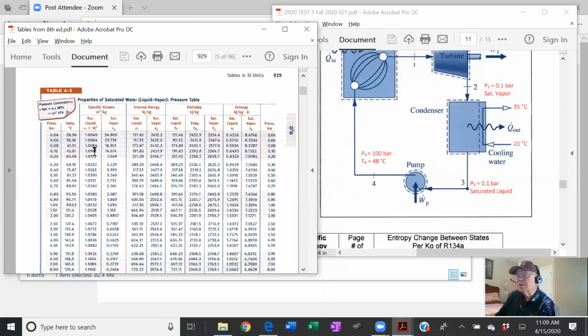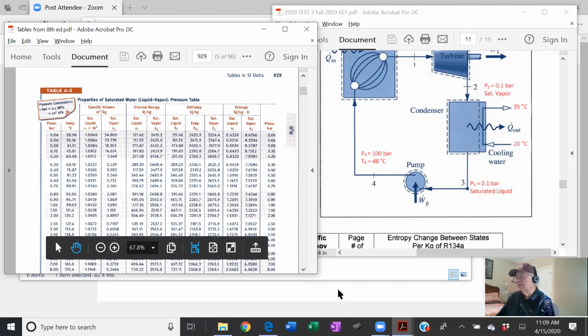If you see the cursor, go over here to HG, saturated vapor. Saturated vapor should be 2584.7.